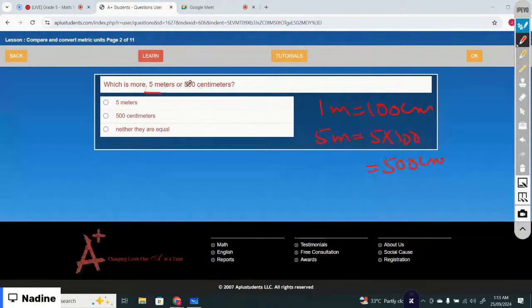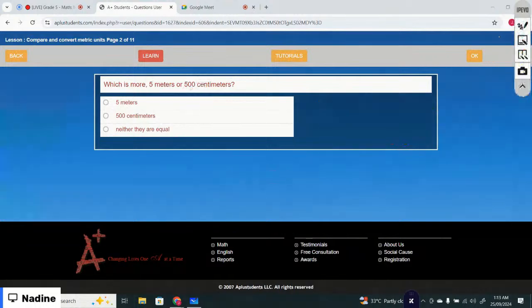So 5 meter and 500 centimeter, they both are exactly equal. The correct option is neither, they are equal. Option number 3 is the correct option because they are exactly equal.